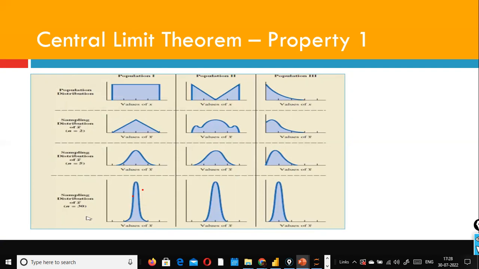And also the sampling distribution of the means is somewhat bell-shaped. That is also one of the properties. For example, you are drawing 3 or 4 samples, and if you plot each sample's means, the sampling distribution of the means is somewhat bell-shaped.